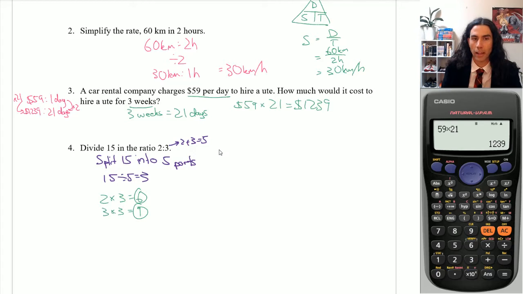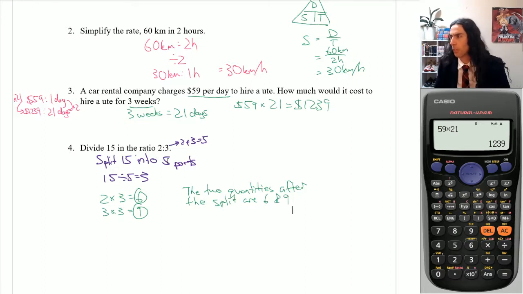If you want to write it, you could say the two quantities after the split are 6 and 9. For D level, I just need to see those two numbers. 6 and 9. Done.